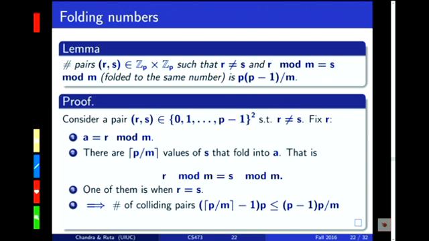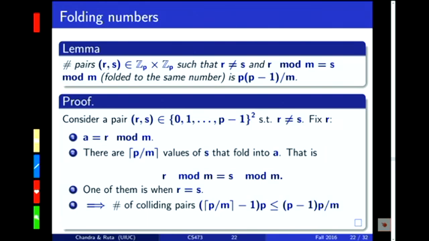S can take any value between 0 and 16. What values of S will give me 0 when I do S mod M, with M being 3? First of all 0, then 3, 6, 9. So how many are there? P over M. Out of that, one is exactly when R equals S.